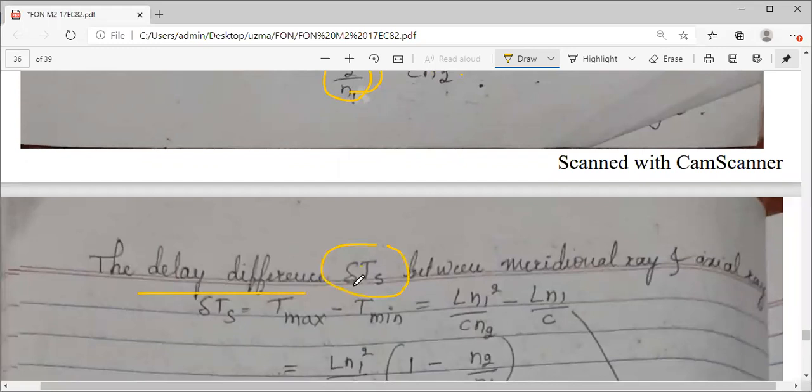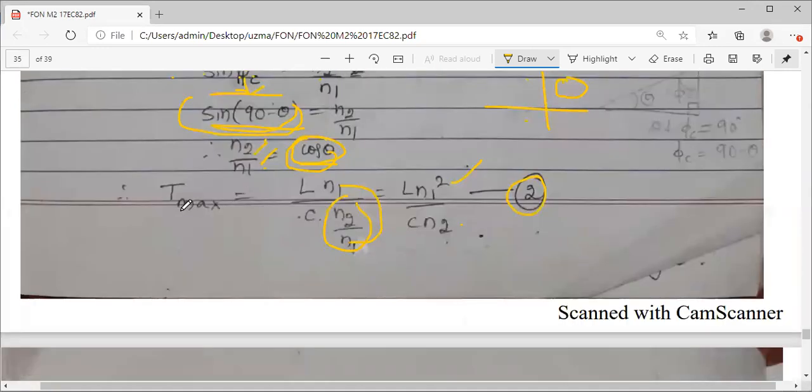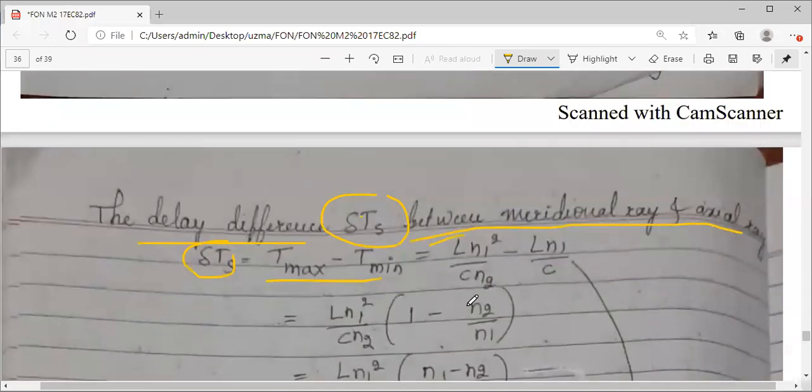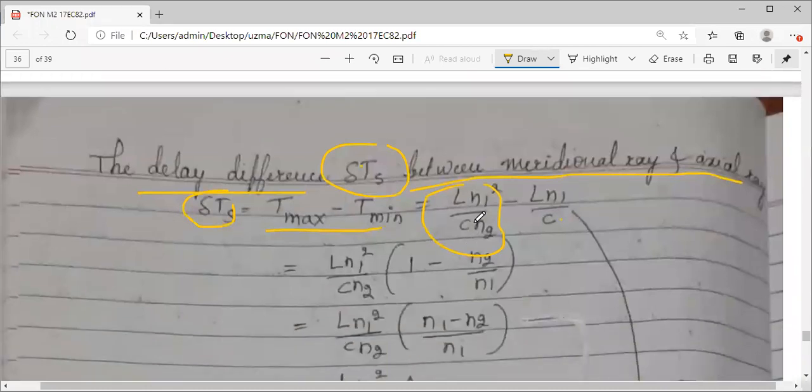Delta indicates the difference between these two rays, so you need to subtract equation 1 from 2. I have taken 2 minus 1, maximum minus minimum; you cannot do minimum minus maximum. So L n1 square by C n2 minus L n1 by C.